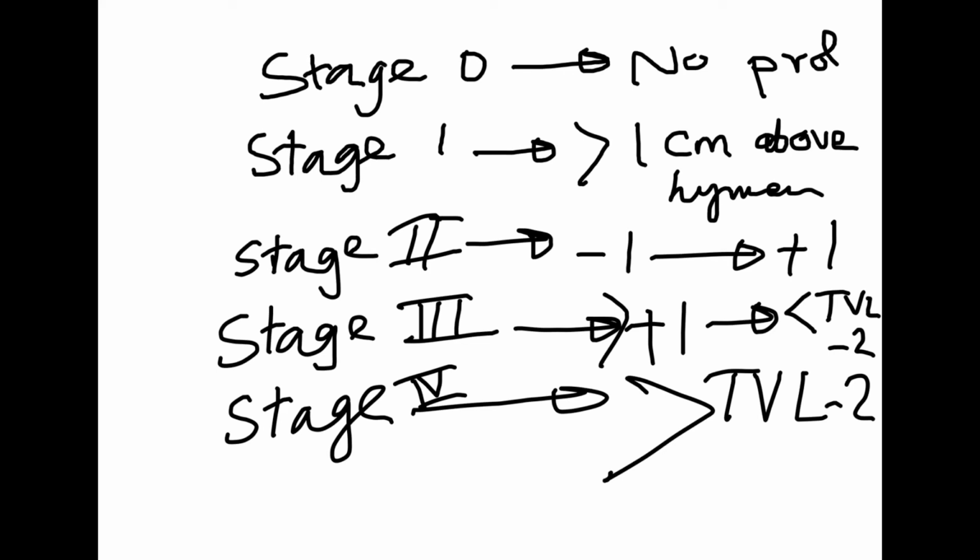Stage 3, if it is more than 1 centimeter below the hymen but still less than the total vaginal length minus 2. And stage 4 is more than the total vaginal length minus 2, which is complete procidentia or complete vaginal wall prolapse. I know it's too confusing, but it's really, really important.